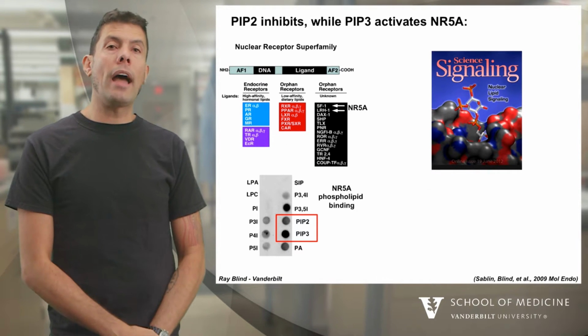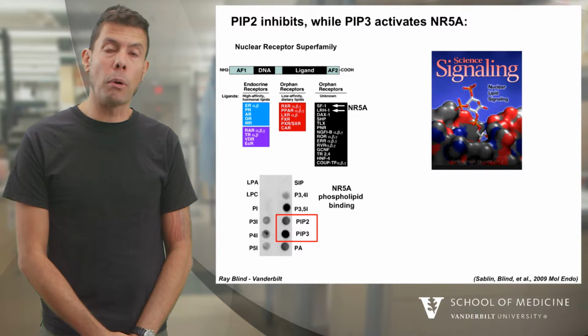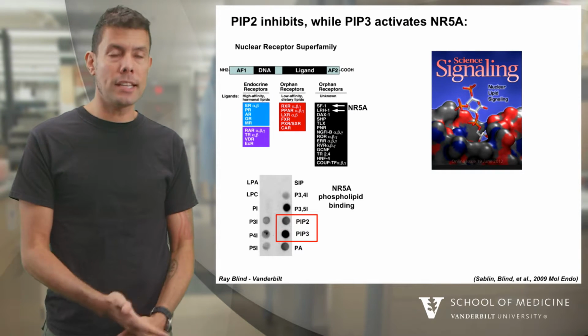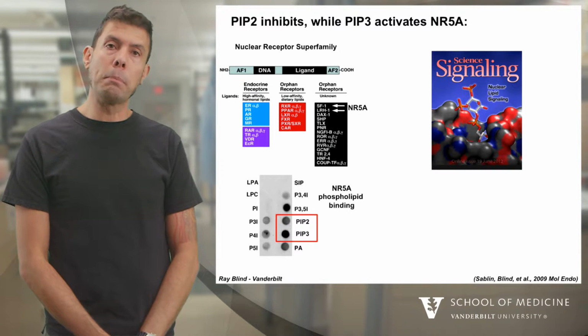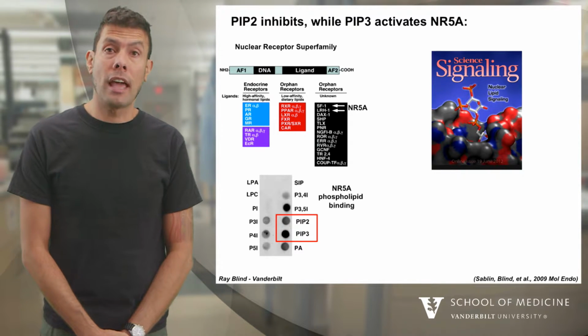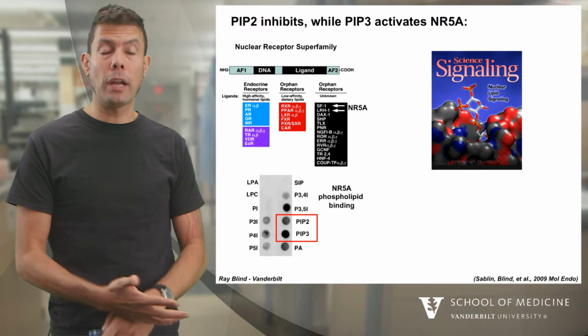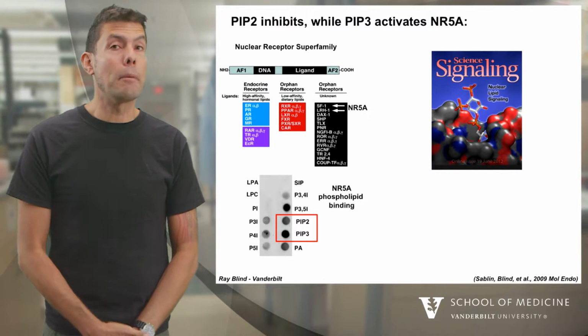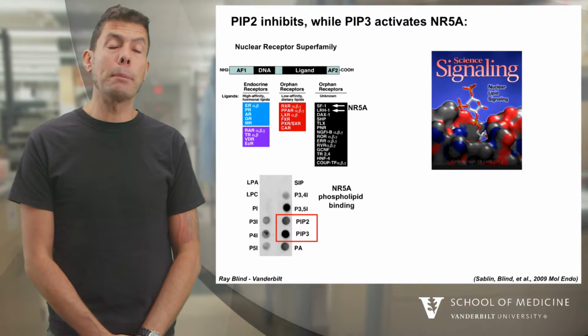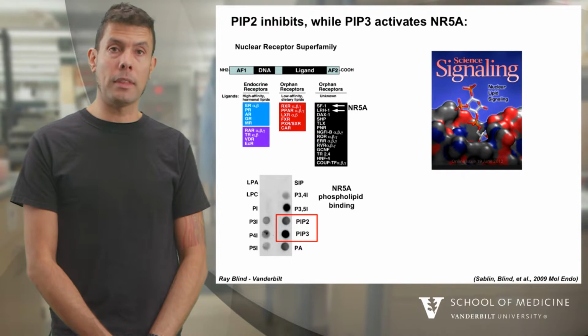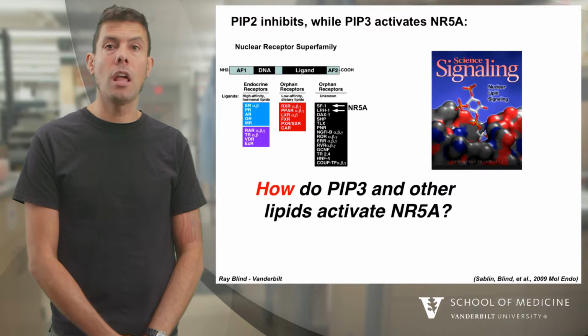So that's why this PIP3 phospholipid is so important. And so we investigated that phenomenon for quite a while, how PIP2 and PIP3 might regulate the NR5A transcription factors, and we were able to come to the conclusion that PIP2 is able to inhibit transcription from NR5As, and PIP3 activates transcription from these NR5A transcription factors.